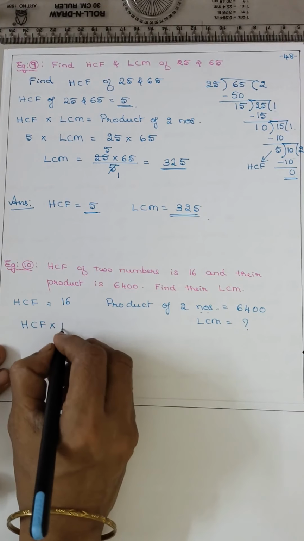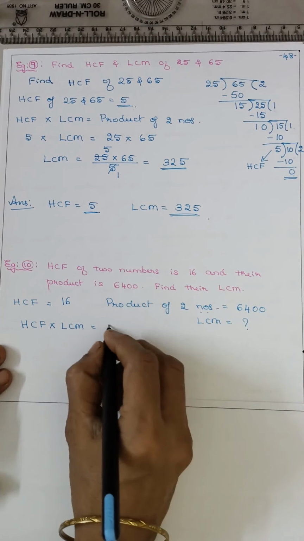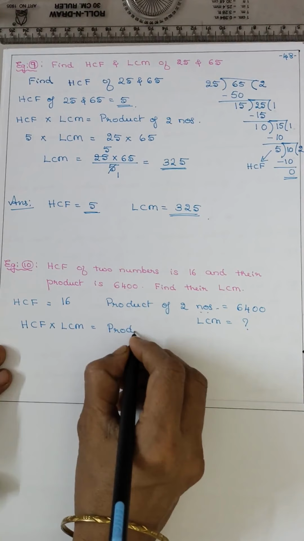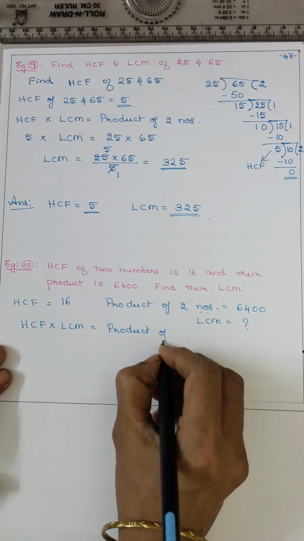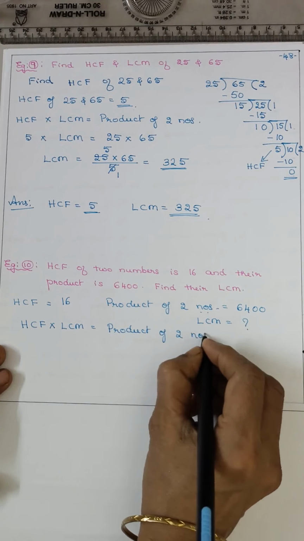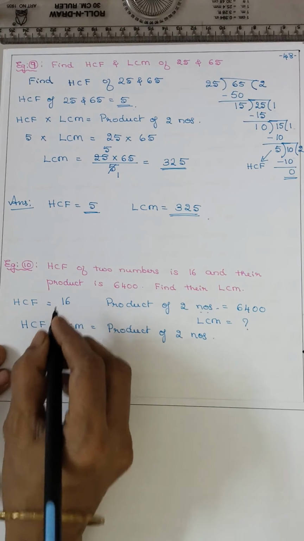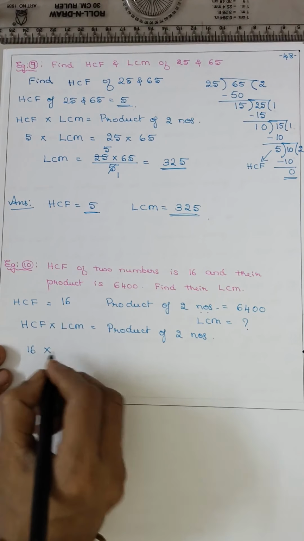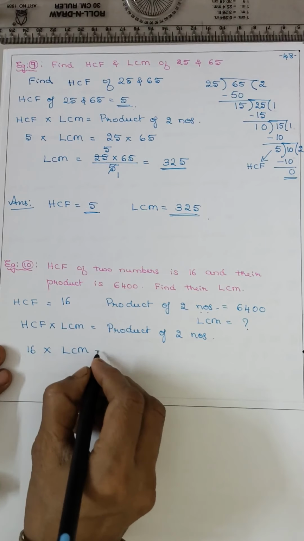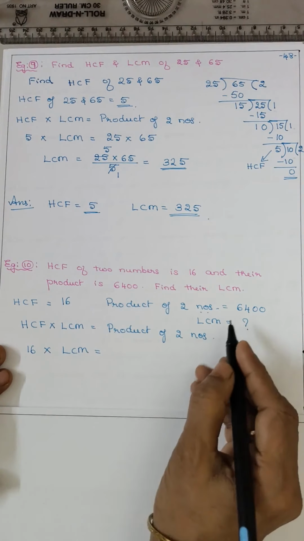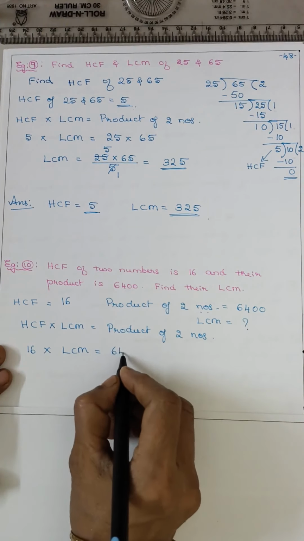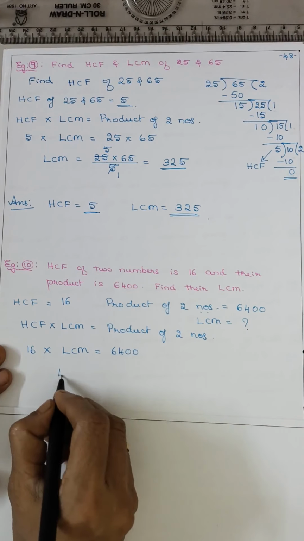HCF into LCM is equal to product of two numbers. So HCF कितना दिए हैं? 16. LCM फाइंड आउट करने का है, प्रोडक्ट ऑफ टू नंबर्स 6400.